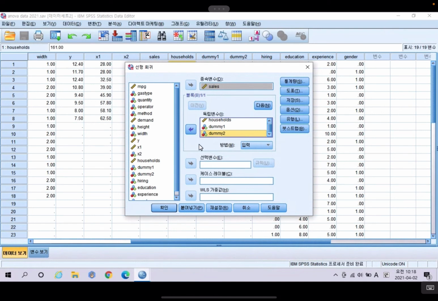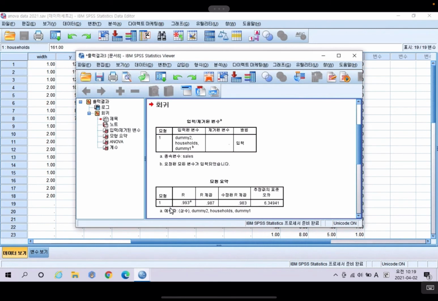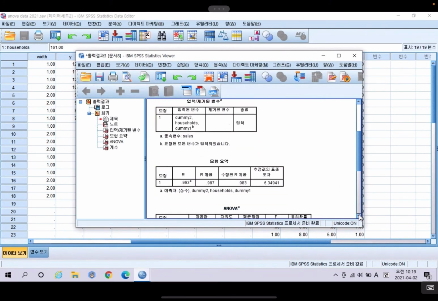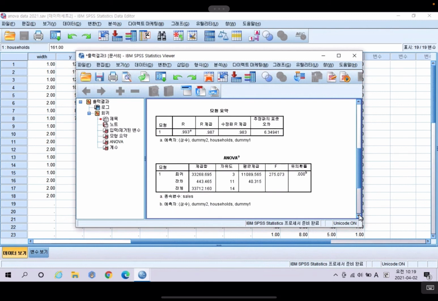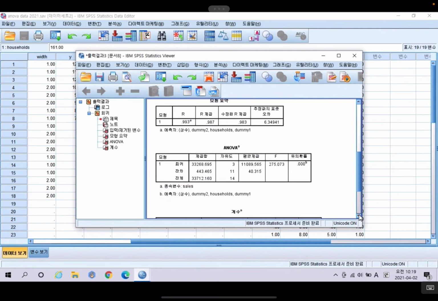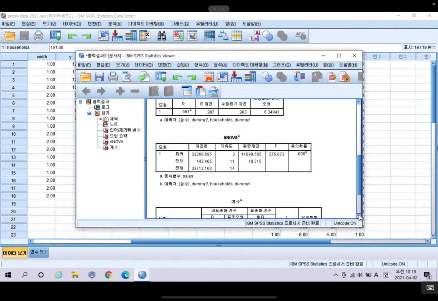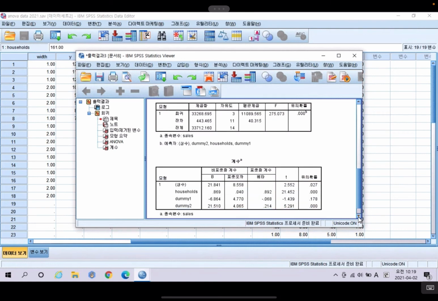And then you get the results. So you will get the results like this. You have the R square table and the ANOVA table. Also you get the coefficient table. I'm going to show you how to interpret these results by using this output. Now let's go back to PowerPoint.